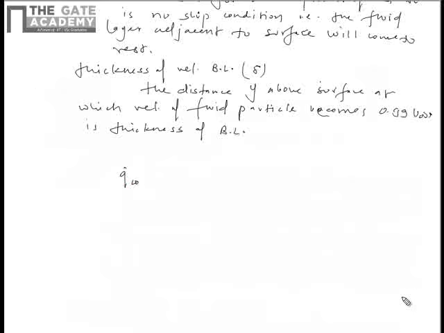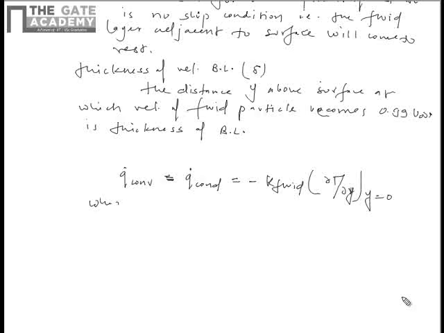So q dot convection at the interface of solid and liquid is the same as heat transfer due to conduction, which is equal to minus k fluid into del T upon del y at y equal to 0, where k fluid is nothing but the thermal conductivity of the fluid.